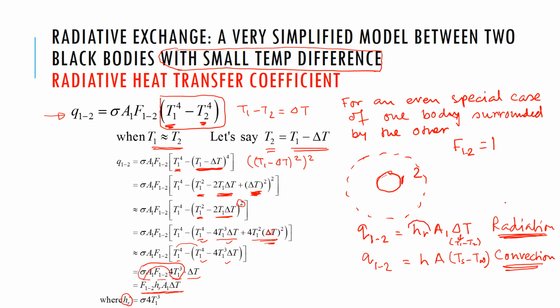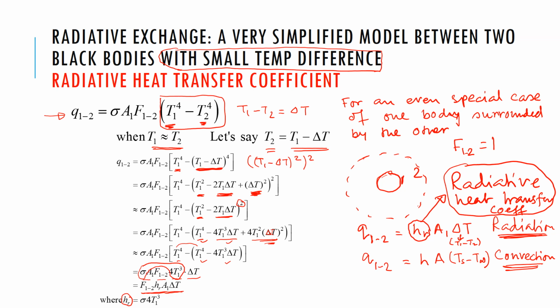So this HR, we can call it a radiative heat transfer coefficient. If we do it that way, then for this special case, radiation and convection have similar formulas, and we may be able to compare the h values for these two very different processes.